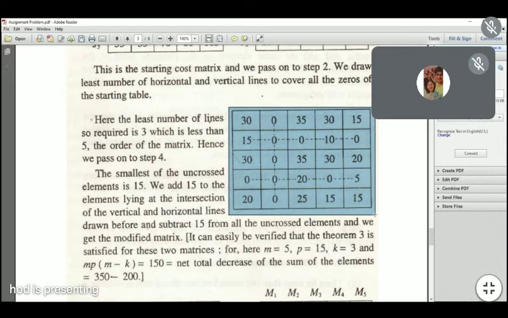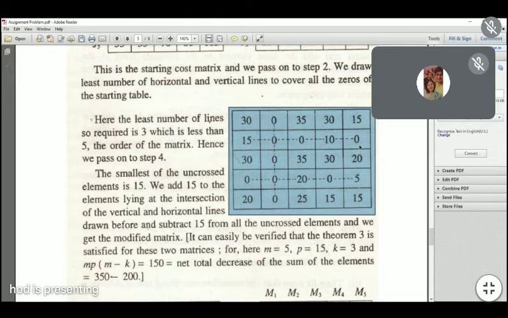Now here, what is the order of the matrix? 5, right? 5 rows and 5 columns. And yet you see I have used only 3 lines to cover all the zeros, okay?